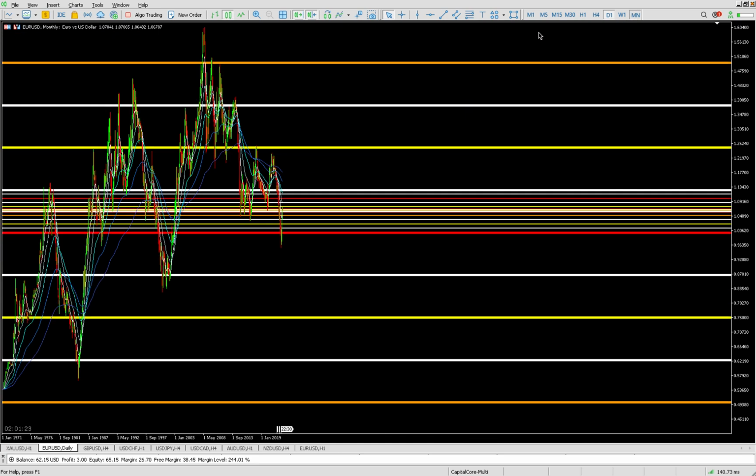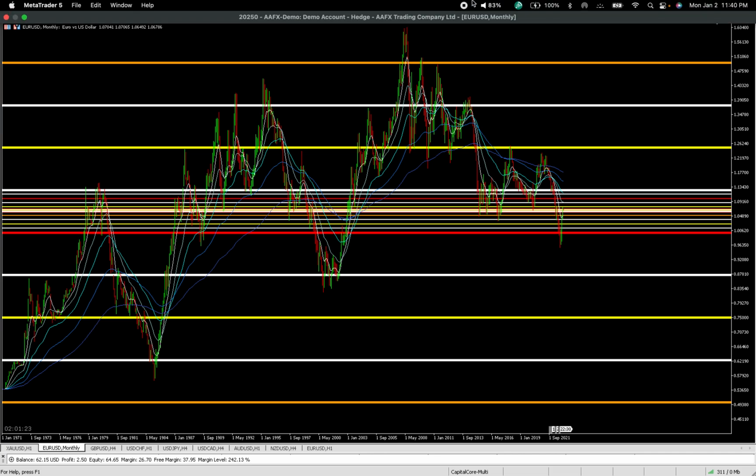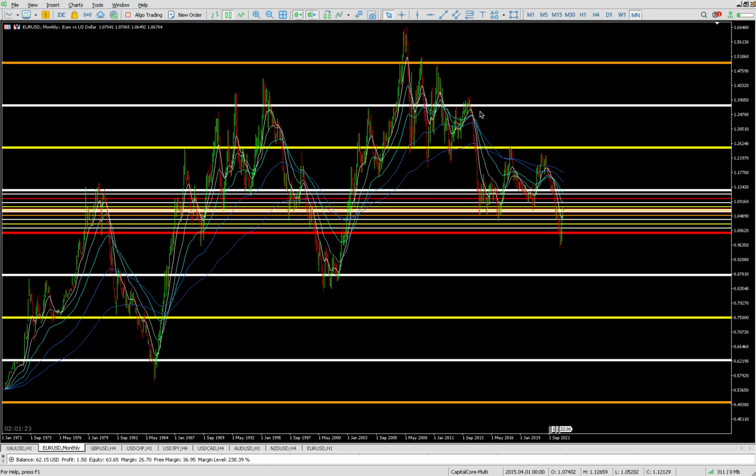But anyway, the point is not that. The point is we're starting from the monthly. Look at this, years on end of uptrend. Hopefully you're familiar with MetaTrader 5. I haven't done a video on it in a while, but something you can do is mark these zones here.